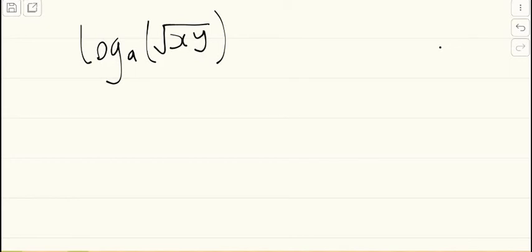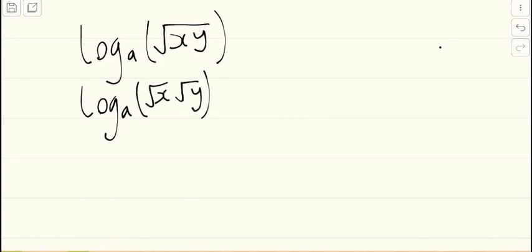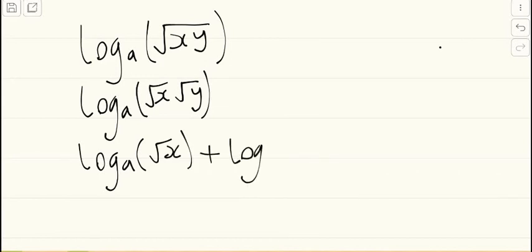We can say this is log to the base a of root x, root y. That's a surd law. And then we can say that's equal to log to the base a of root x plus log to the base a of root y.